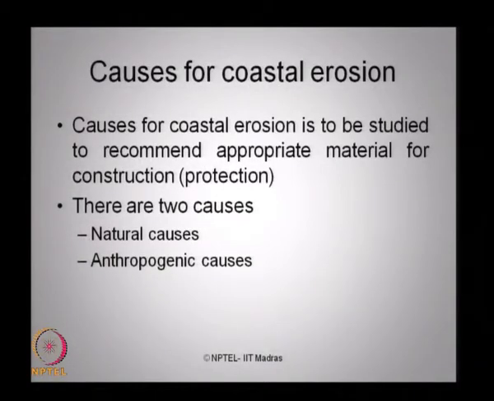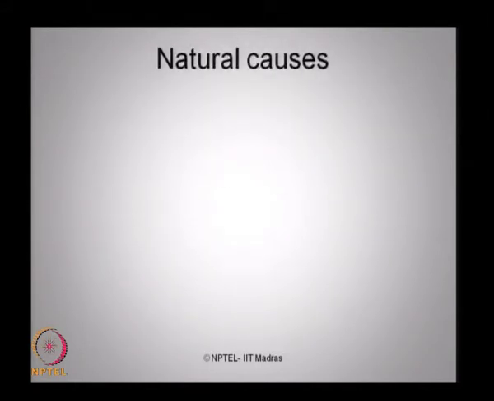There are two primary causes responsible for coastal erosion. As we see from the slide, natural causes and anthropogenic causes are the main principal causes. Let us look at them one by one in detail.